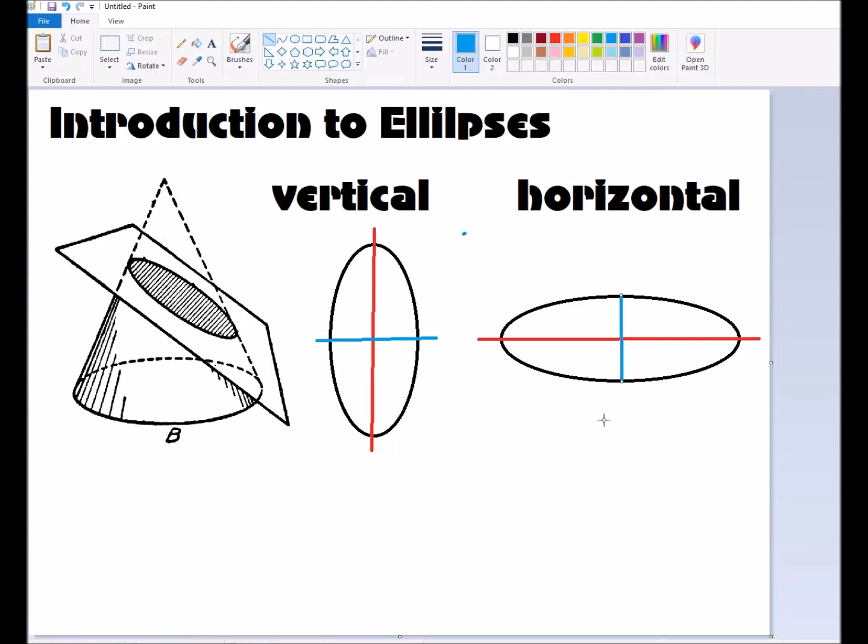Okay. So those are the two axes that exist within an ellipse. Where the axes meet the ellipse, you have these four points. These are your vertices.